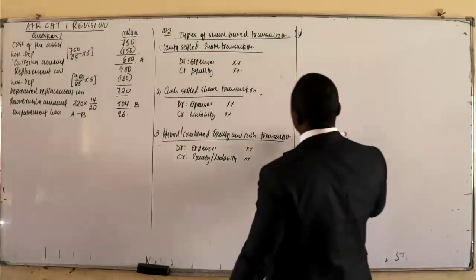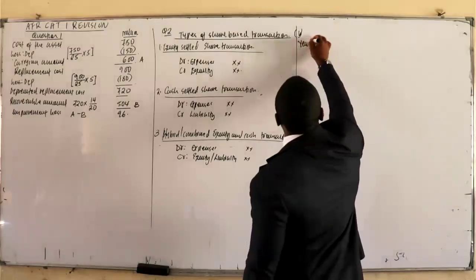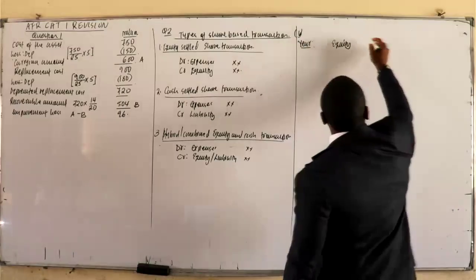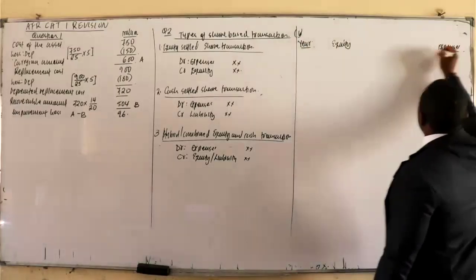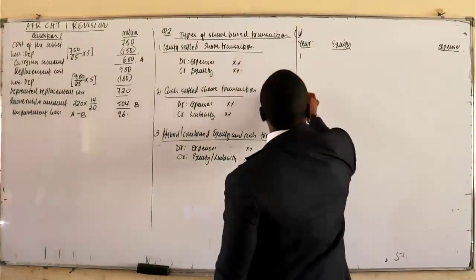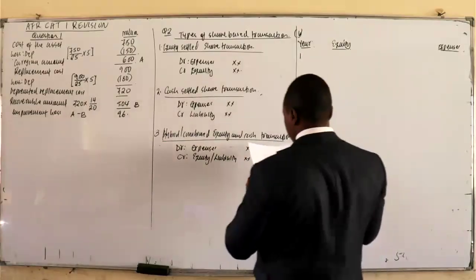Now, how do we account for this? So here we have the periods. Here, then we have the equity, and then we have the expenses. The vesting period was 4 years. So year 1, year 2, year 3, year 4. How many employees do we have? 400.